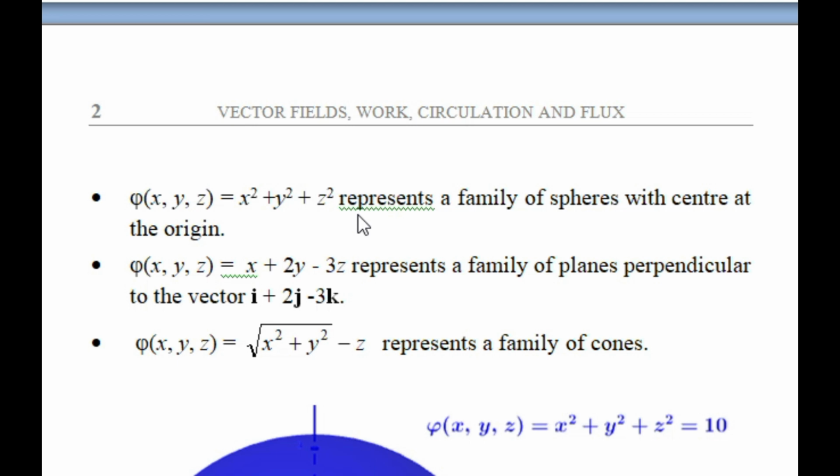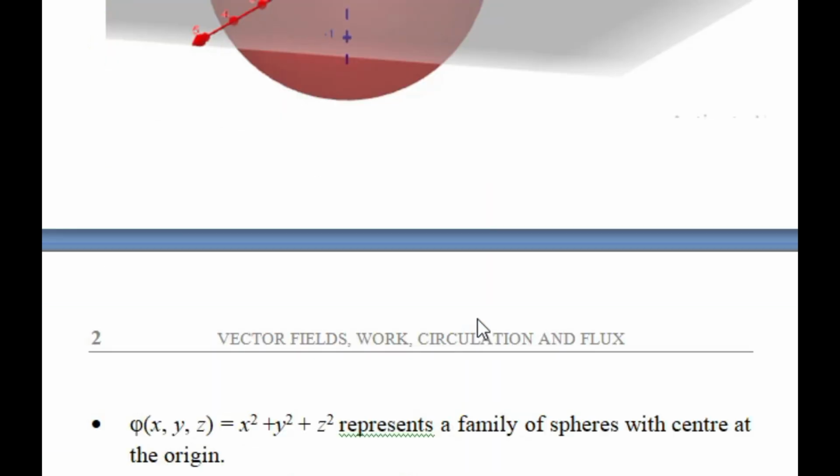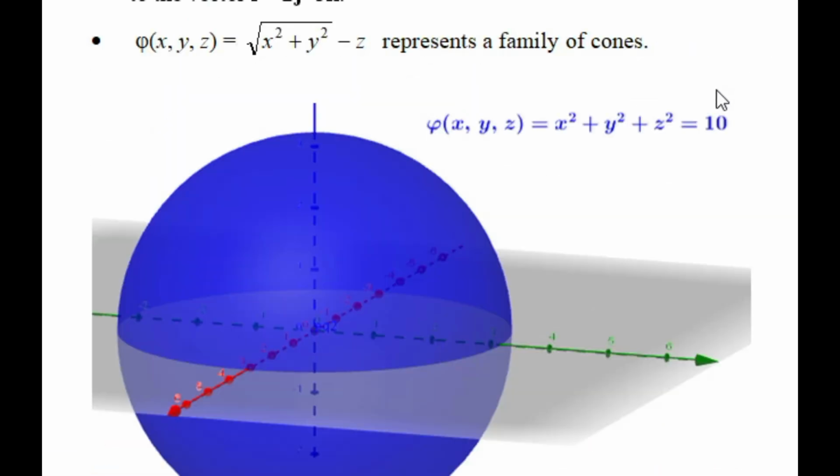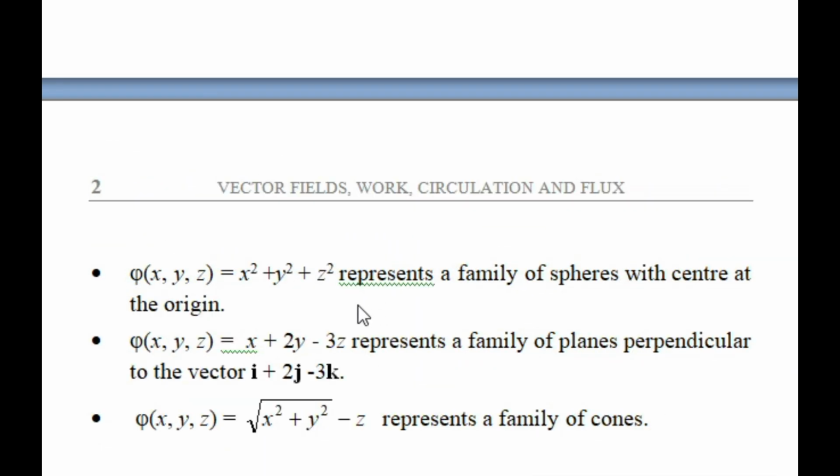That represents a family of spheres with center at the origin. Why? Because we have seen that if we put c is equal to 3, we get a sphere like this. If we put c is equal to 10, we get a sphere like this. So in general, this scalar field represents a family of spheres with a center at the origin.